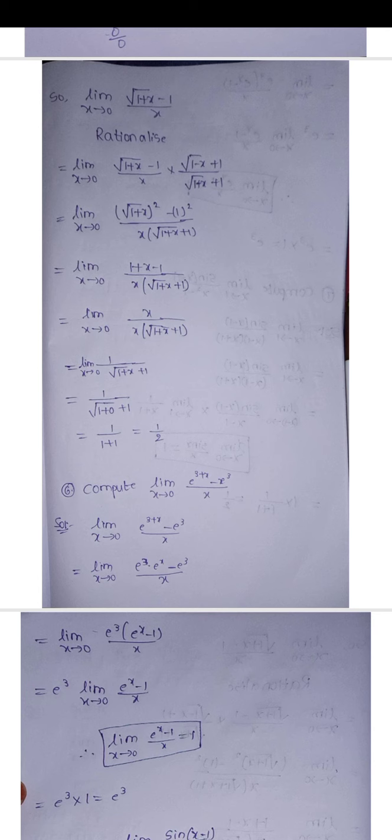Here in the numerator root of 1 plus x minus 1 is there, so we have to multiply and divide with root of 1 plus x plus 1. So in the numerator, it is in the form (a minus b) into (a plus b). What is the formula? a square minus b square. Here a means root of 1 plus x and b means 1.